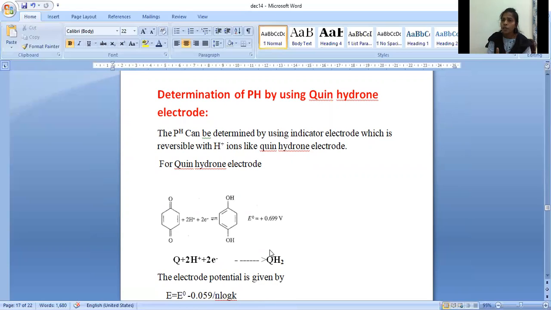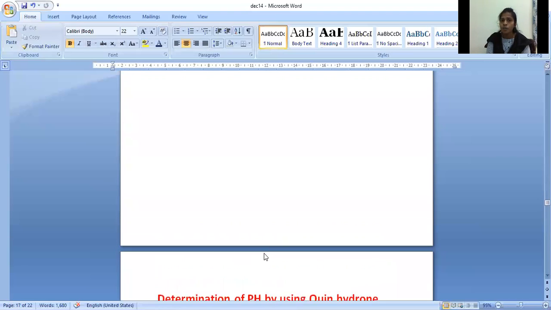But the hydrogen electrode is used to find the pH of an unknown solution. The quinhydron electrode is also used to find the pH of an unknown solution. And now we have seen the glass electrode, which is also used to find the pH of an unknown solution.